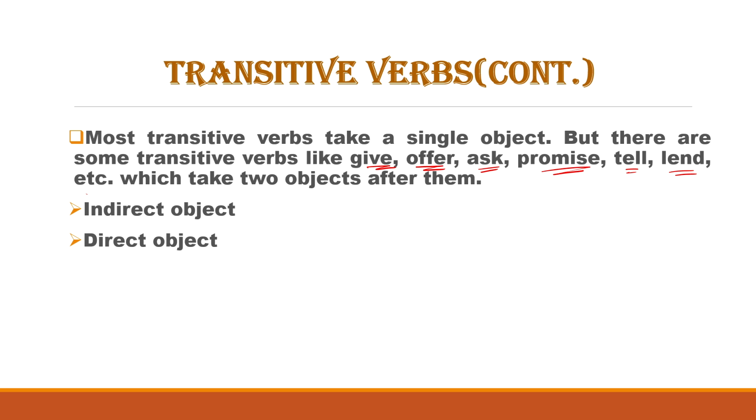Generally, the first object after the verb is called indirect object, which indicates or denotes the person to whom something is given or for whom something is done. The next is direct object, which is usually the name of something. It generally indicates something that is given, offered, told, and so on.